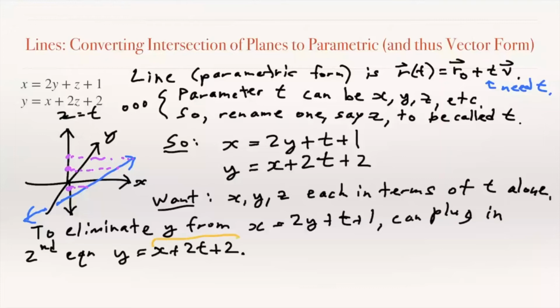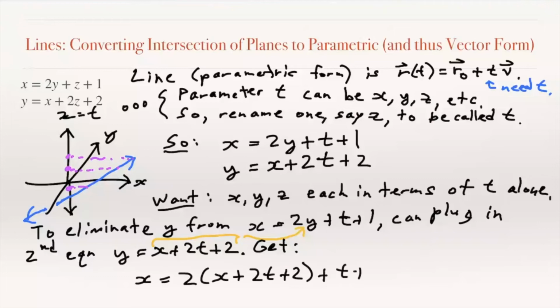Okay, so now that guy is going in for y, and we get x is 2 times x plus 2t plus 2, plus t plus 1.